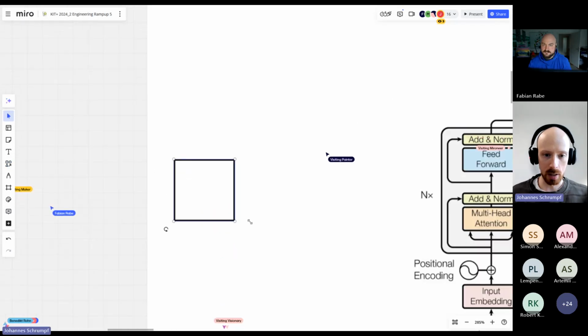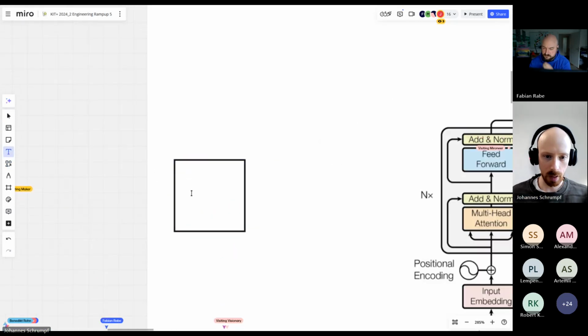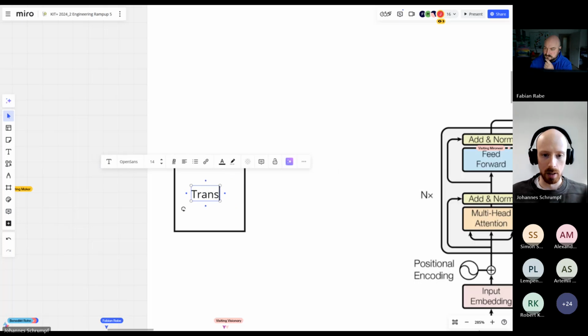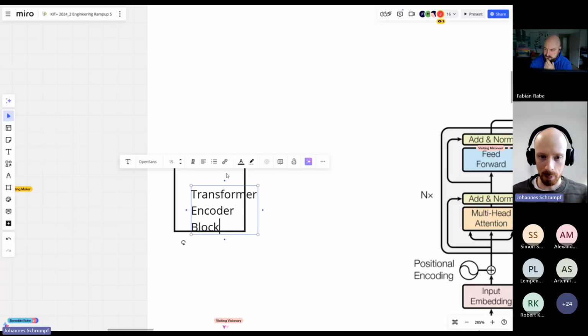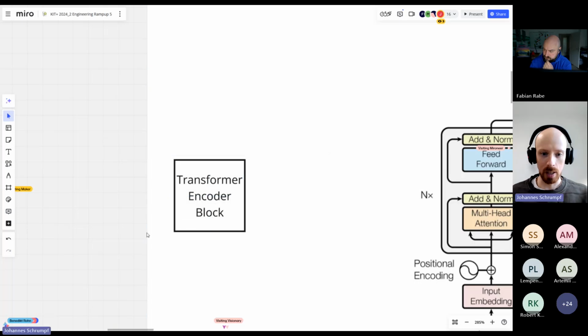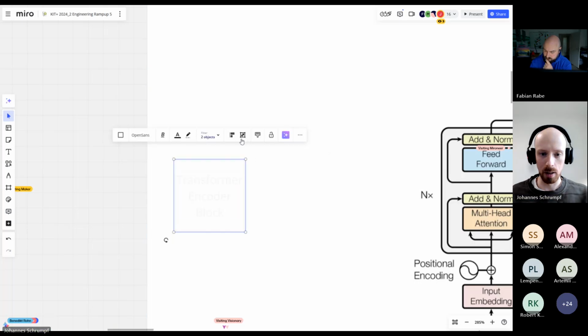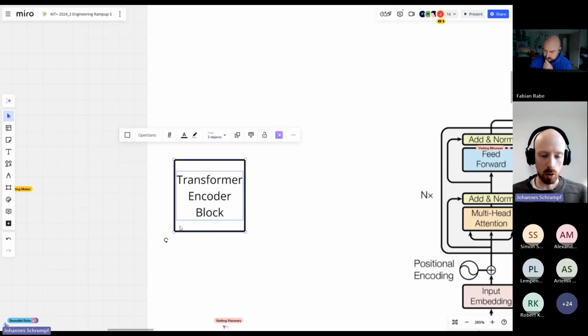A BERT network simply contains the so-called transformer encoder block.